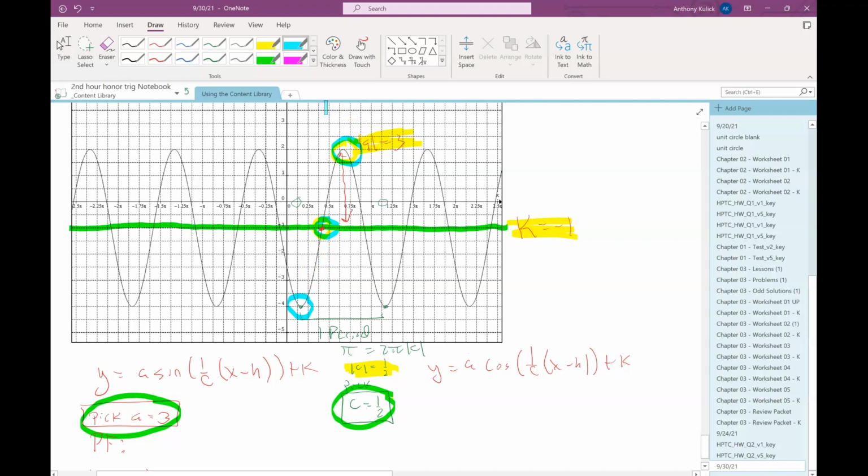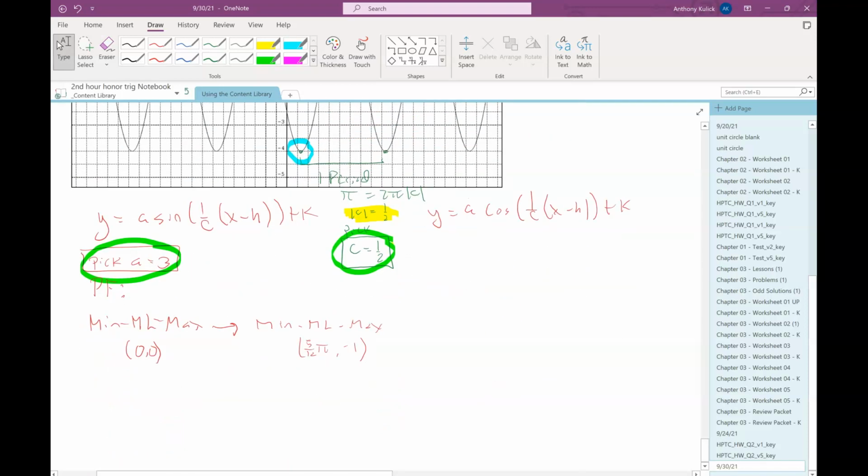So it's the same landmark order as my parent function. If I wanted my a to be negative, I could have picked them in the opposite order, where it goes max, midline, min, because then it would be like you're flipping it, so everything is fine. Does that make sense? Yep. Okay.